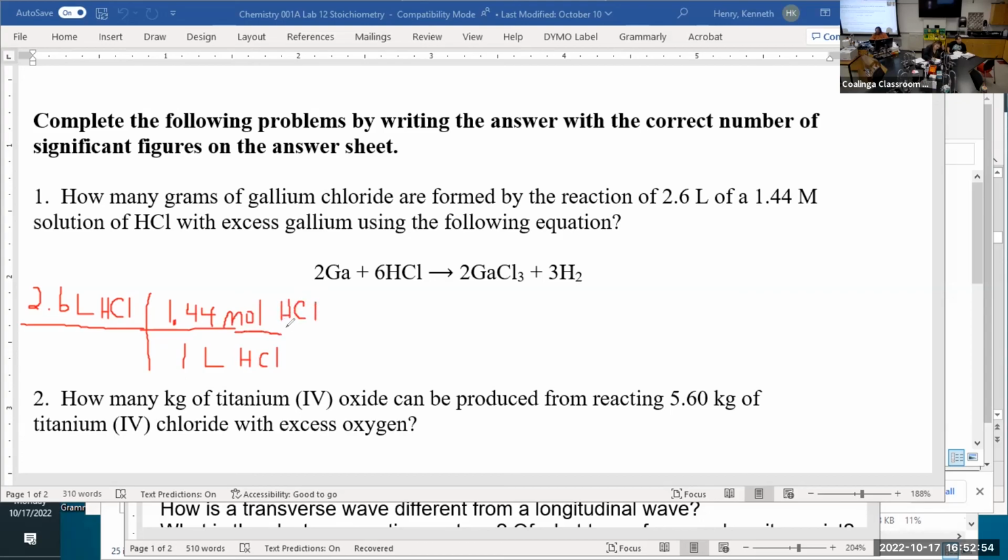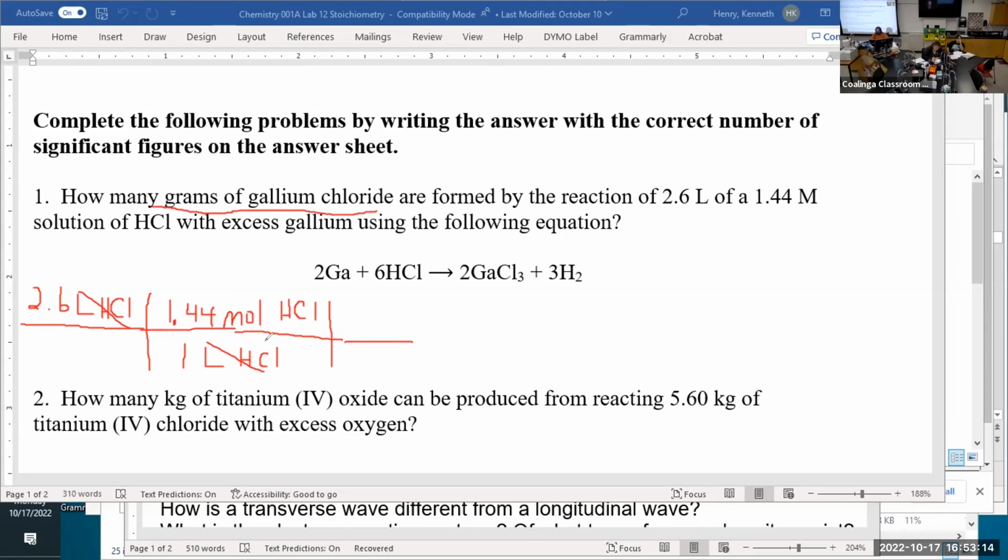So then I can get my number of moles, right? The liters are going to cancel out. Now I have my ratio, because what am I supposed to find? I need to find out how many grams of gallium chloride I'm making.